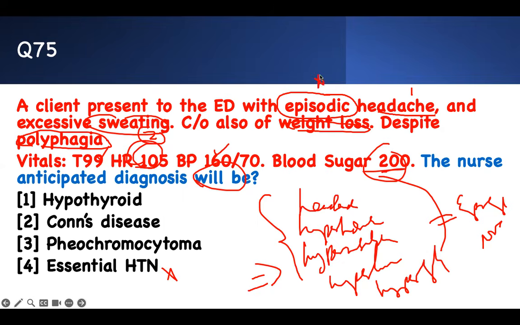They don't cause episodic symptoms. Cushing's disease releases aldosterone and increases your hypertension. It can increase your sugar, right? But it does not cause excessive sweating, weight loss, episodic headache. Hypothyroid, we don't do that. So you're left with pheochromocytoma. These are the 5 H's: headache, hypertension, hyperhidrosis, hyperglycemia, and hypermetabolism. So this is your answer choice. Number 3.